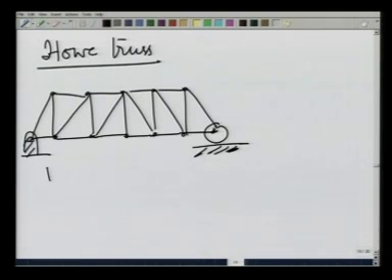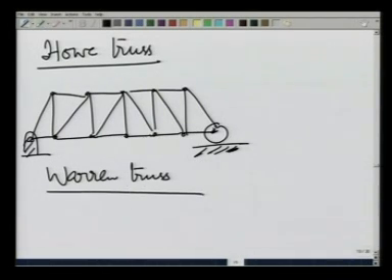Third one is a Warren truss, which is like this.